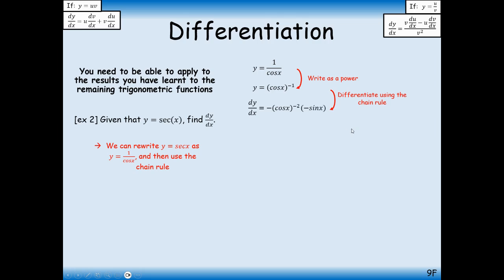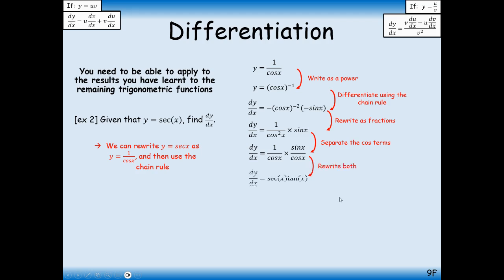So these two negatives, when multiplied with each other, cancel away, and we can rewrite that as 1 over cos of x times cos of x in the denominator, and this expression simplifies to secant times tan.